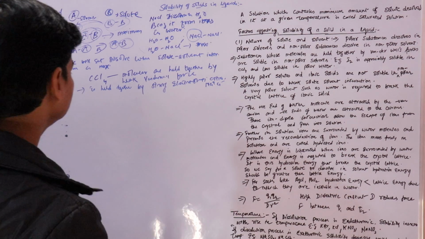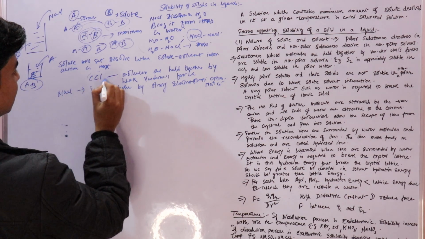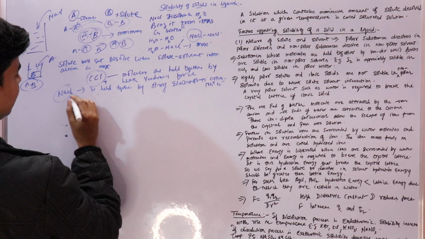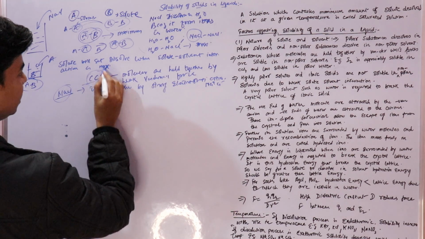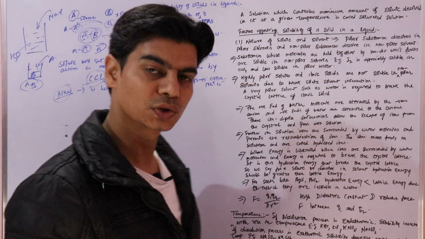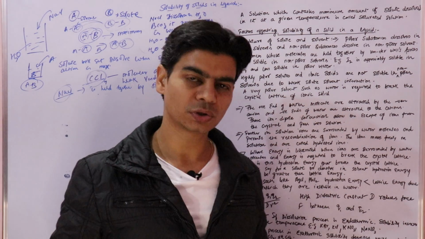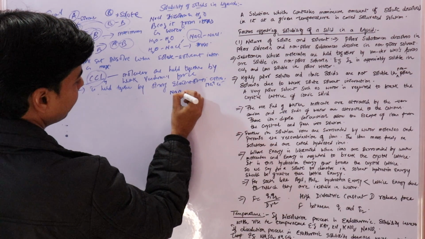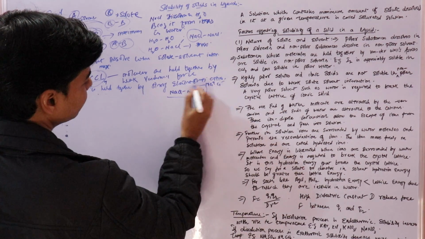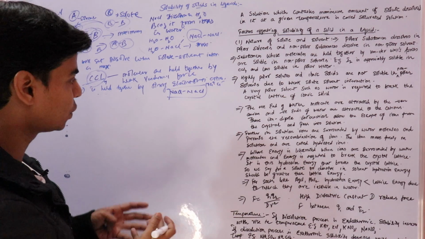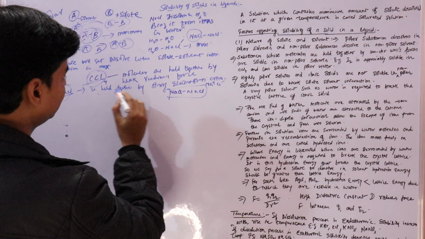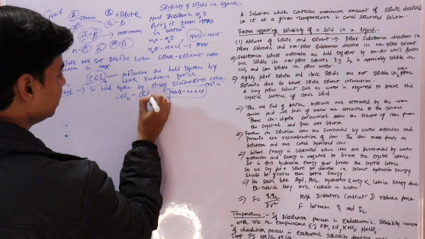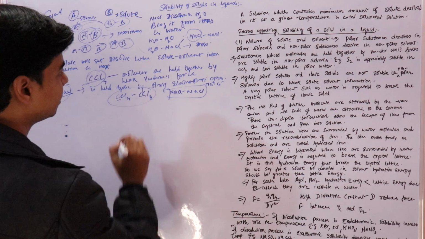So sodium chloride would not be able to interact with carbon tetrachloride, which is a solvent, because the force of attraction between sodium chloride is so high that it would not be able to interact with CCl4, where the interaction is weak.